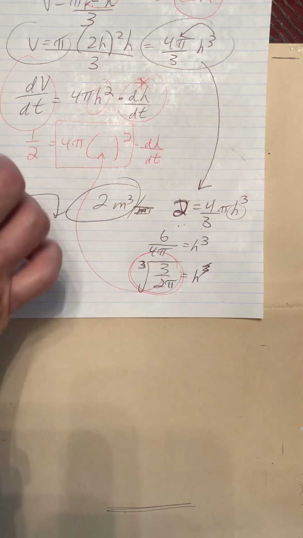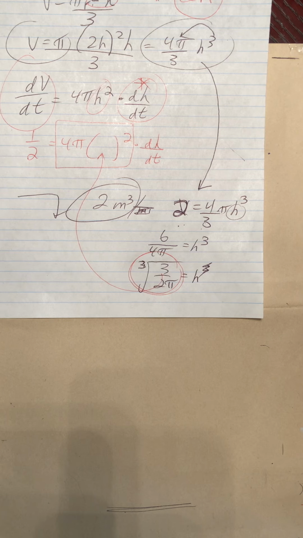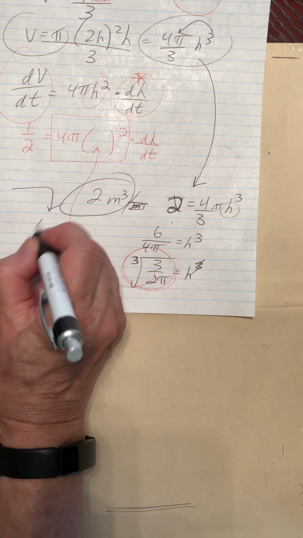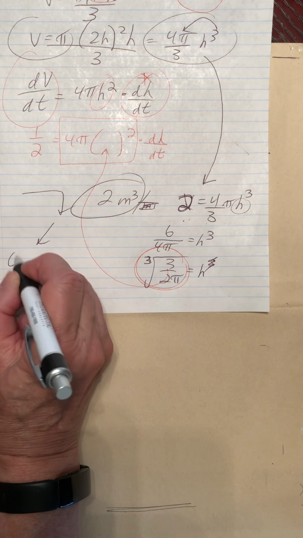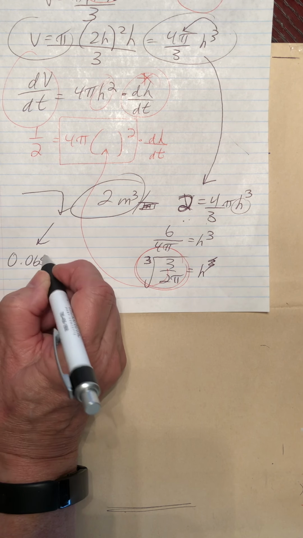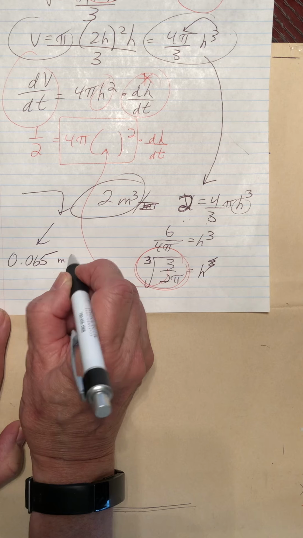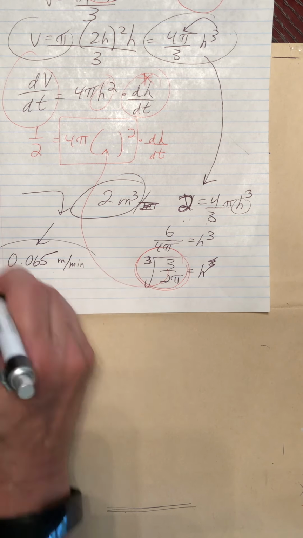So after you go through all that, I will give you the answer just so you know what you should get. I'm looking for how the height is changing. I should get a value of about 0.065, and this was meters per minute.